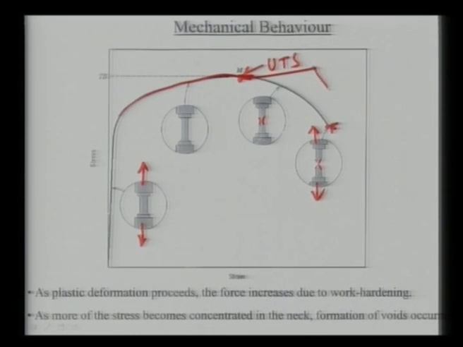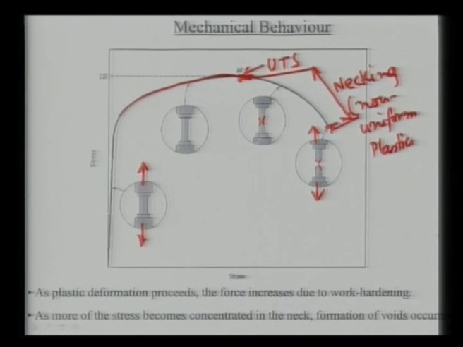So this region is actually known as the necking region, and necking means this is like a non-uniform plasticity. And this region to this region is called uniform plastic behavior.